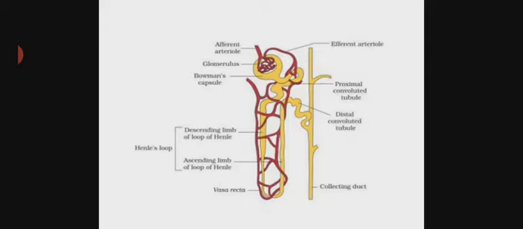And this ascending limb of the Henle's loop continues as another tubular structure called distal convoluted tubule, and that distal convoluted tubule finally joins the collecting tubule. So as you observe in this diagram, a collecting tubule receives about 5 to 6 DCTs, that is distal convoluted tubules, and through which the urine will be sent towards the pelvis part.